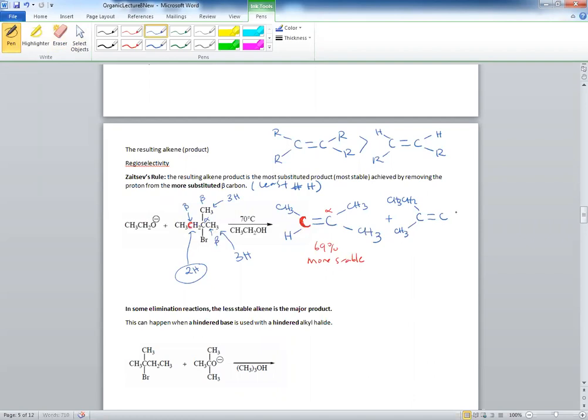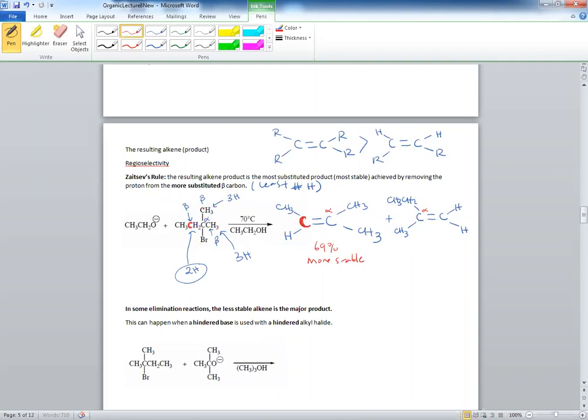Once again, here's my alpha. So if you look at this one now, you actually ended up removing it from one of these that has 3 H's on it, either this one or that one.